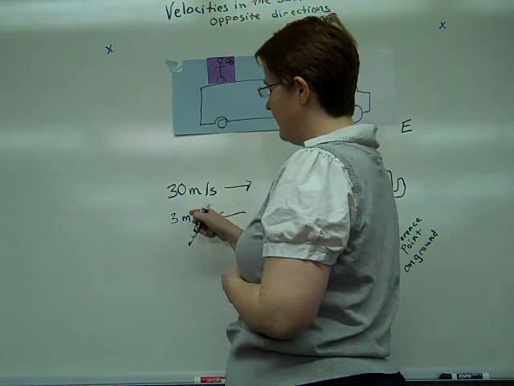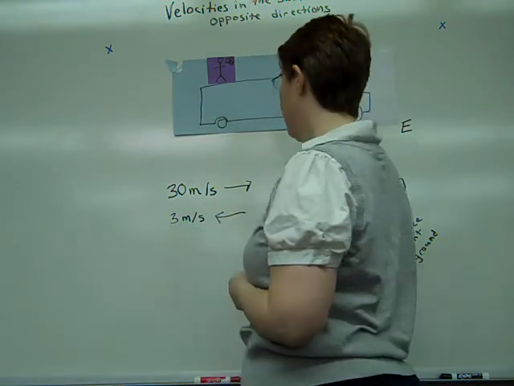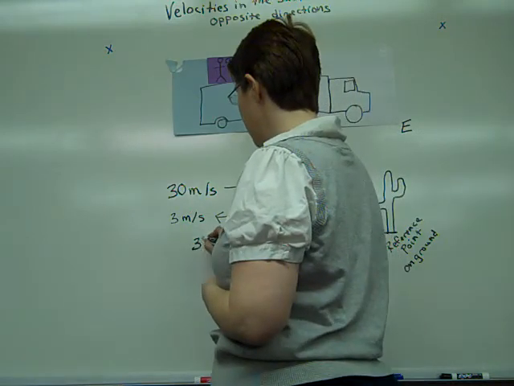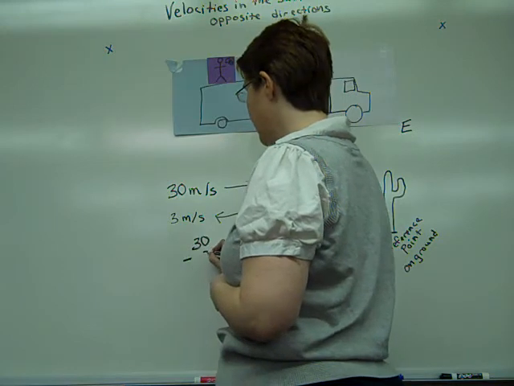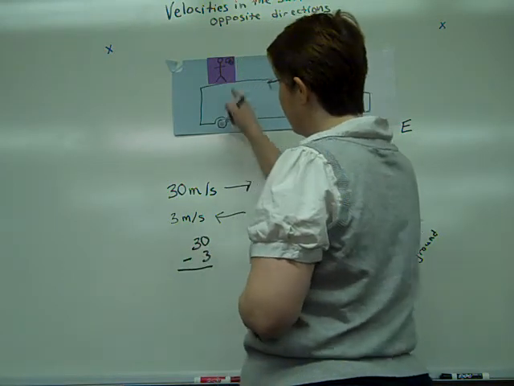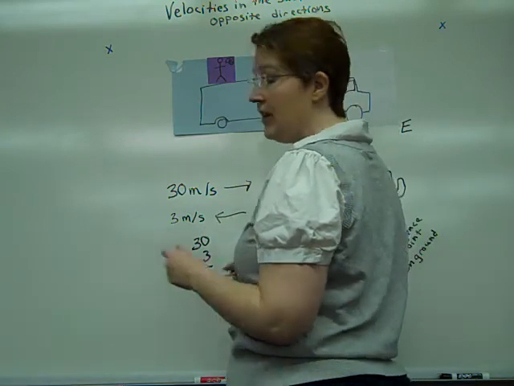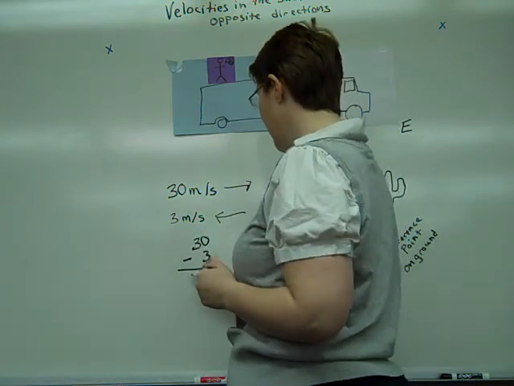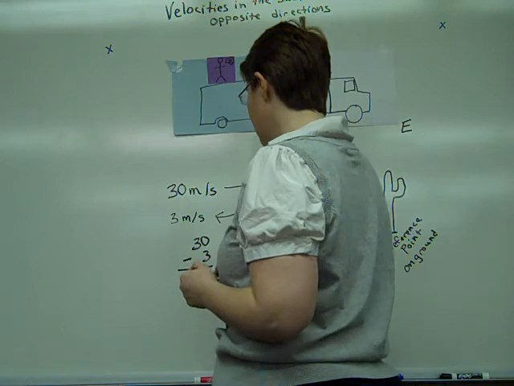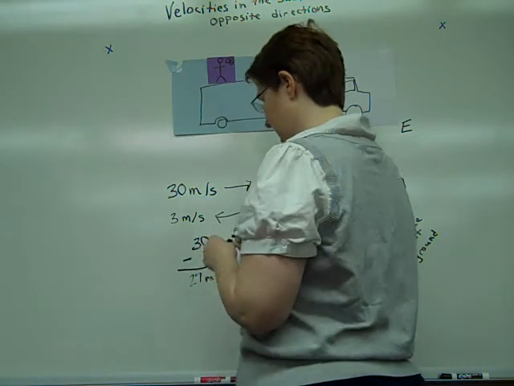In this case, it's a subtraction problem. So it'd be 30 minus the 3. So the guy's speed is a net speed or a total velocity of 27 meters per second.